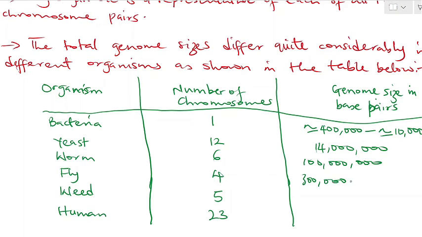Then you have the worm having 125 million base pairs, and of course the human has up to or more than 3 billion base pairs. Okay, so note that these sizes determine the upper bound of genetic information in the organism.